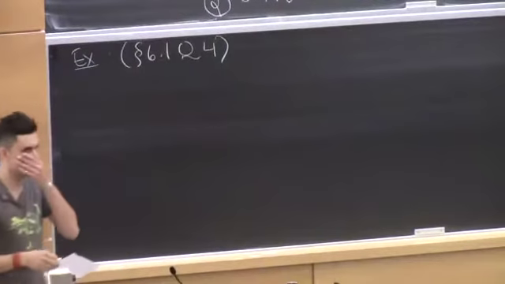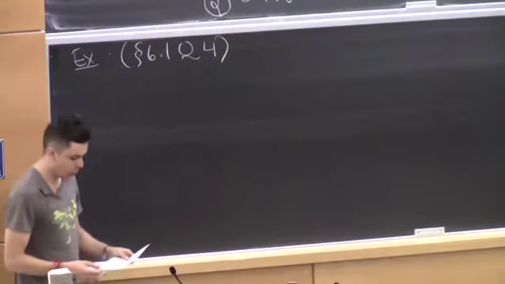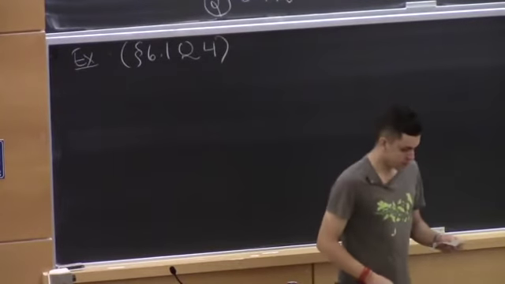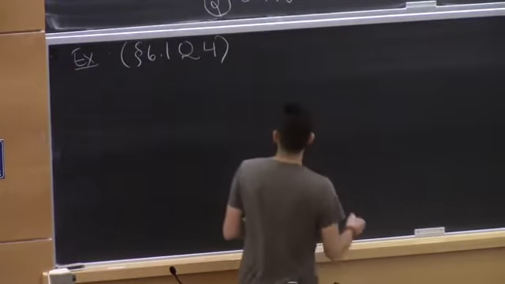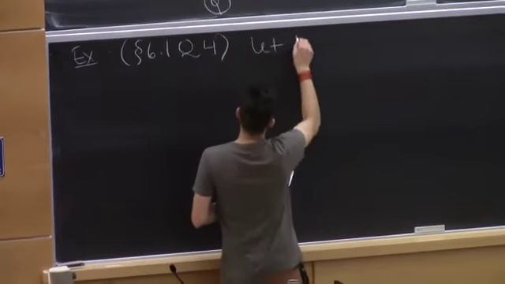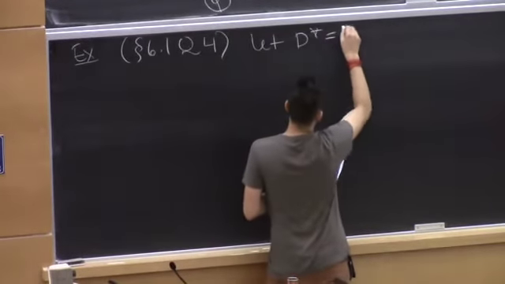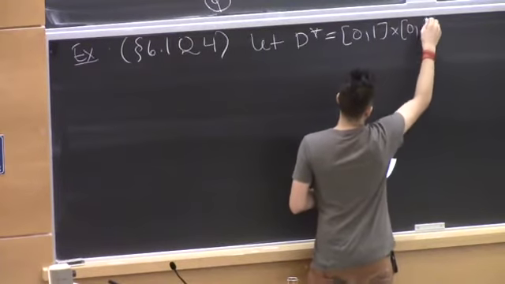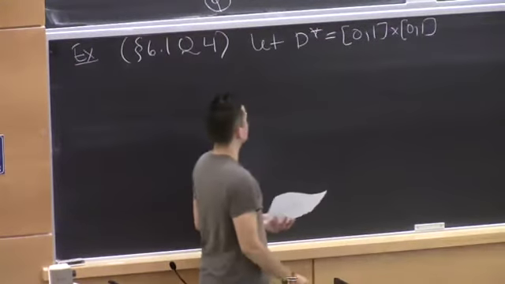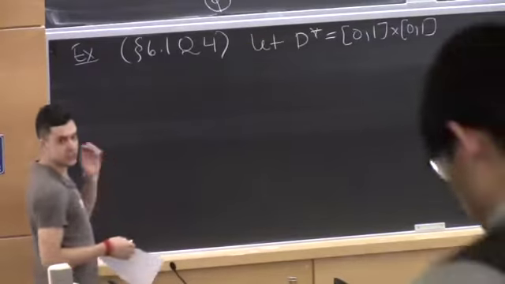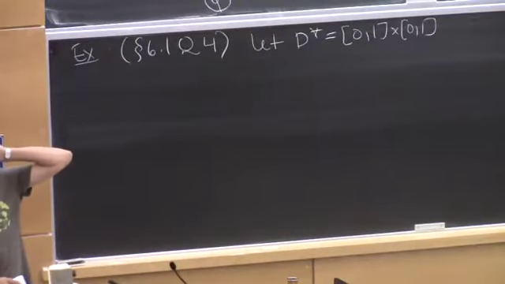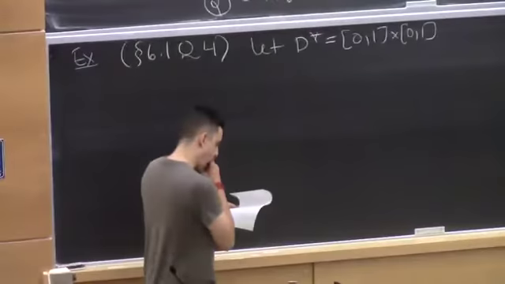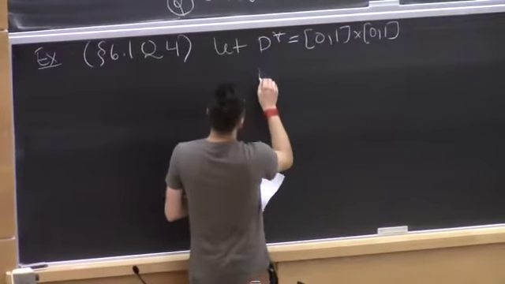So a question from the textbook that I'd like to go over is, how do we use a linear transformation to move one thing so that it looks like another? So let's see. Okay, so let D star be the unit square. It'll be the unit box.